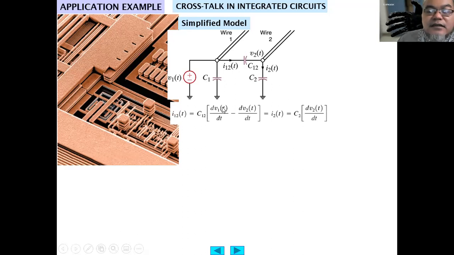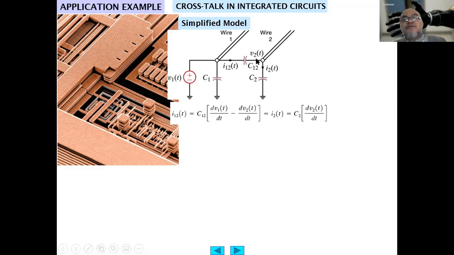Then we can derive the equation to calculate I2, basically using the differential form of the capacitance law. I12 equals C12 times d(V1 minus V2)/dt, that is, dV1/dt minus dV2/dt.